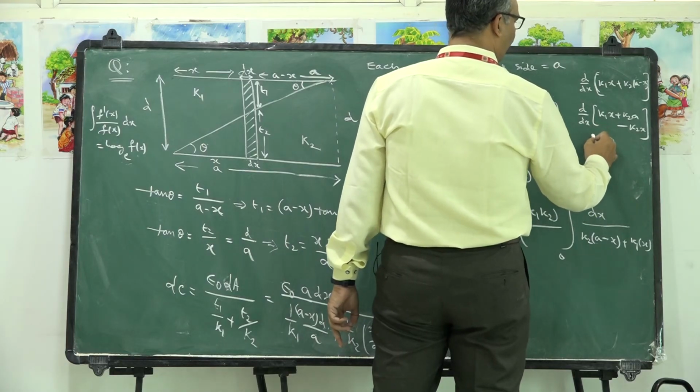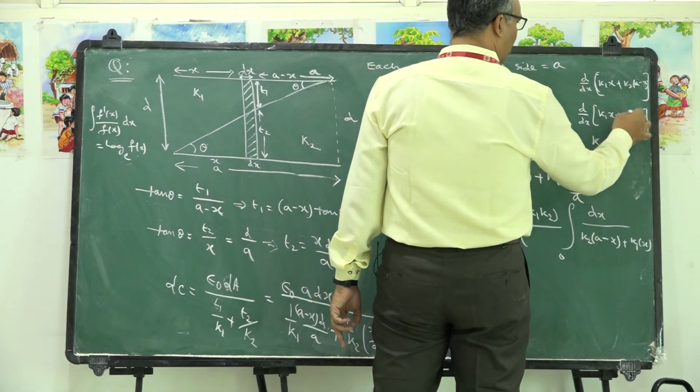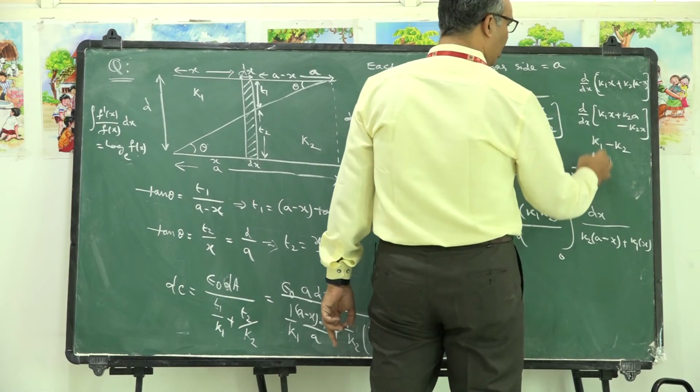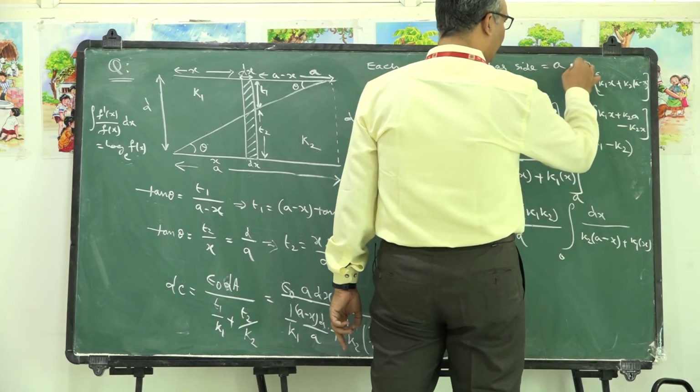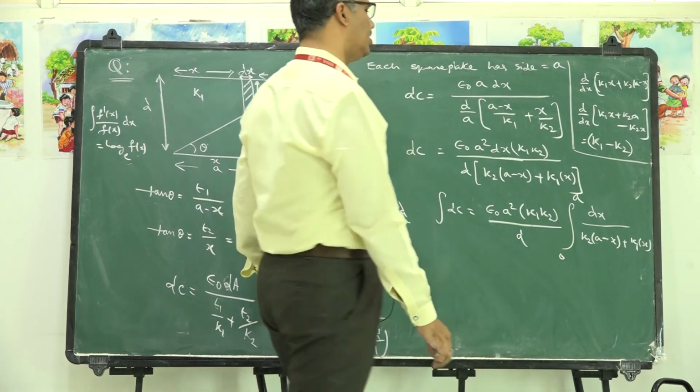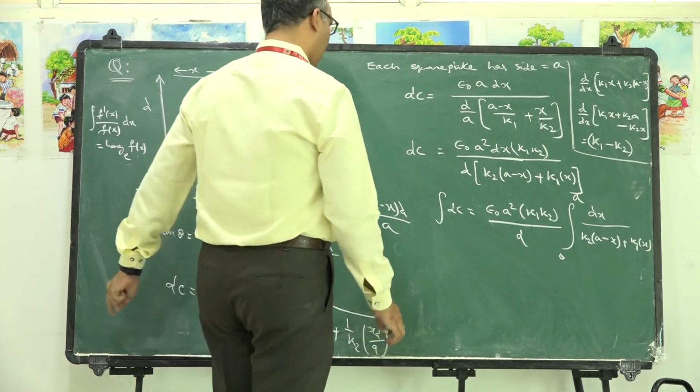K2A is a constant, its derivative is 0, so minus K2. K1 minus K2 will be the derivative of this denominator. If that K1 minus K2 is there in the numerator, then you can apply this.